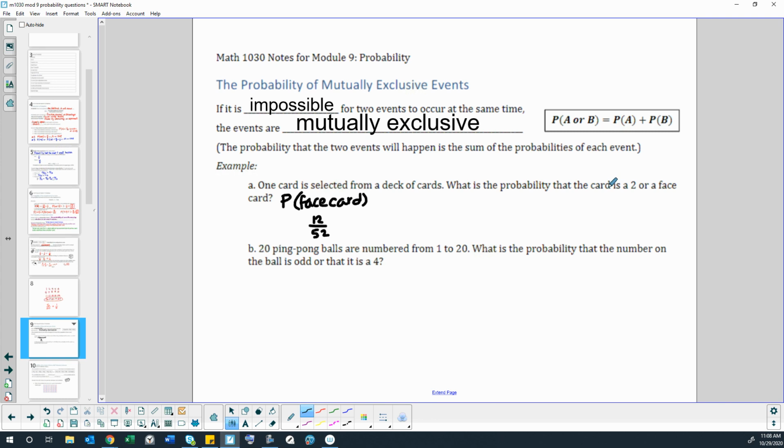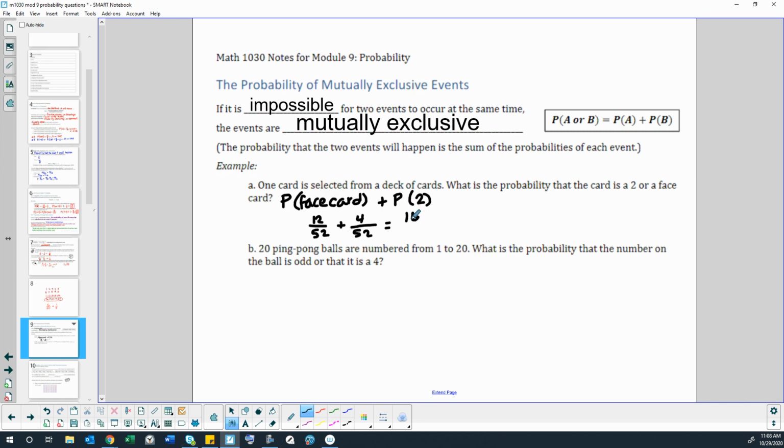Okay, and then we want the probability of getting a 2. There are 4 2s, one of each suit, in a deck of cards, so 4 out of 52 are 2s. Those are completely separate events because a face card is not a 2. There's never going to be an overlap there. We call that mutually exclusive.